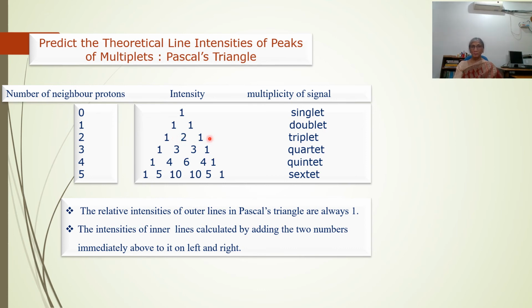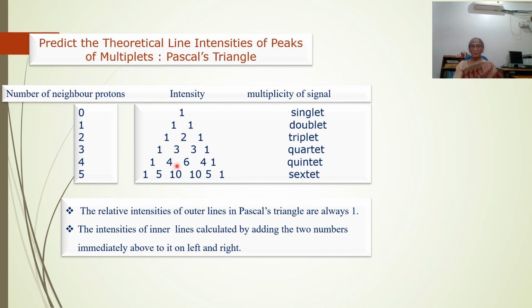Take another example. Suppose there are 4 neighboring protons, then the signal will split up into 5 peaks. That is, a quintet will be seen. 1, 2, 3, 4, 5. So the relative intensity of the outer peaks will be 1 and 1. For the inner peaks, we will look at the numbers above. At the right hand side it is 3, on the left hand side it is 1. Sum the 2 numbers, so 3 plus 1 is 4.